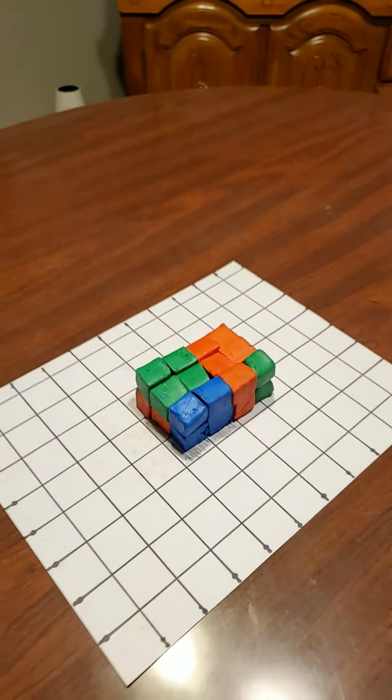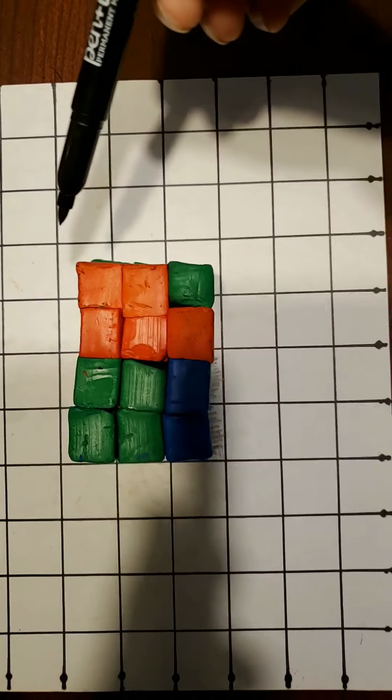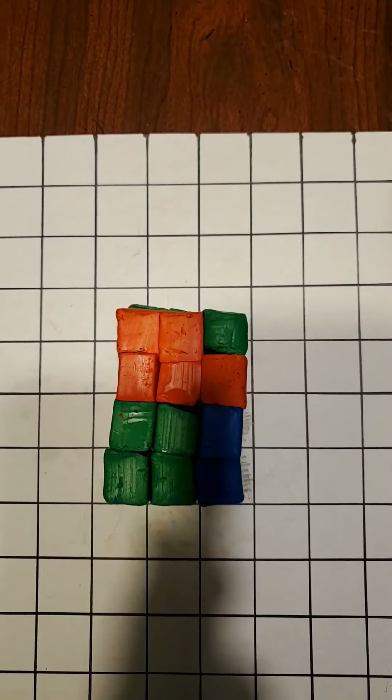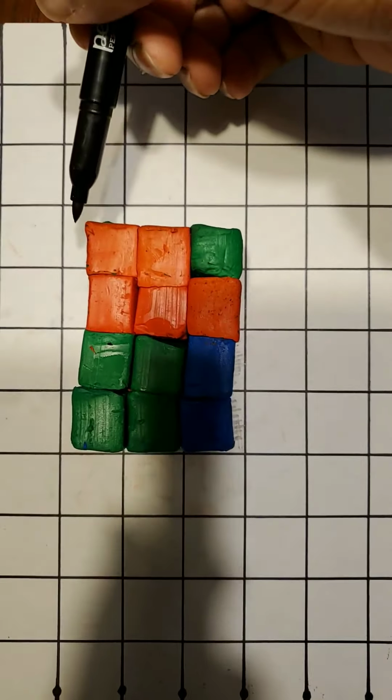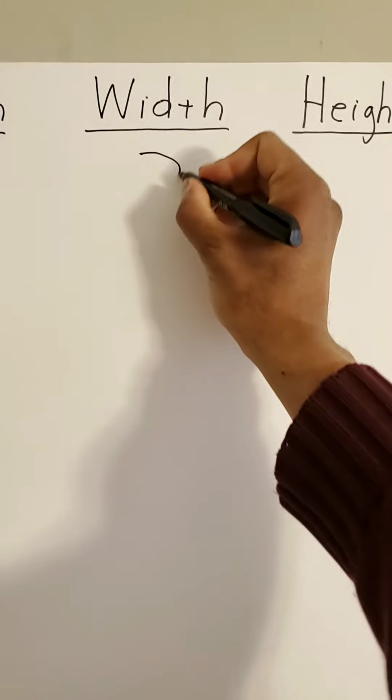Now, what is the width of our rectangular prism? It is 1 inch on each edge of the block. So this is 1 inch, 2 inches, 3 inches. So let's go ahead and write 3 inches. Now let's find the height.